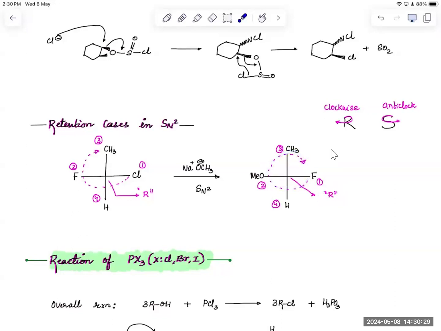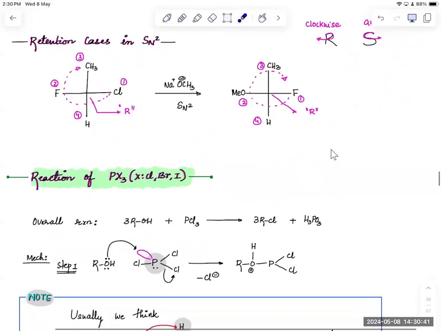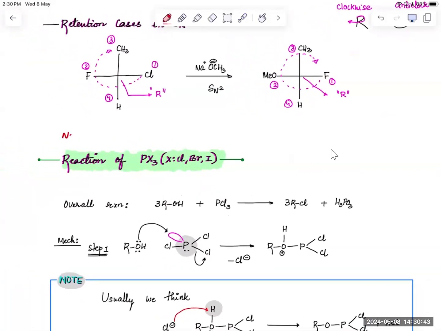So understand that whenever there is a reverse attack, does that mean Walden inversion has to happen every time? Not necessarily. That's an important statement. Remember, not always. Backside attack of a nucleophile may or may not lead to inversion.